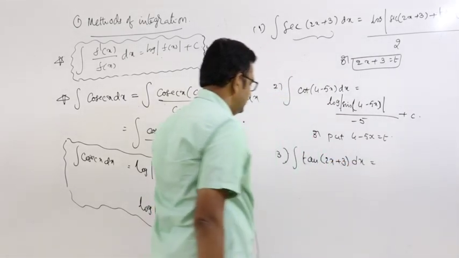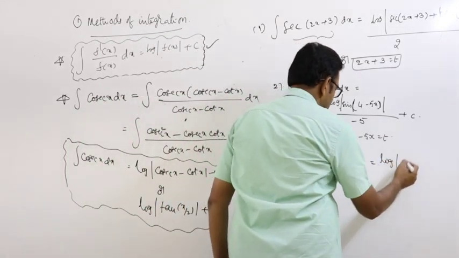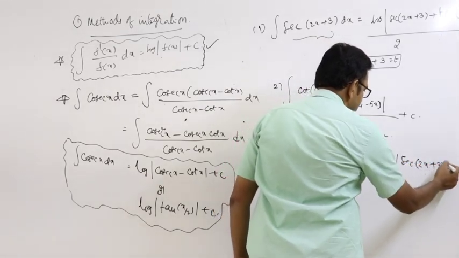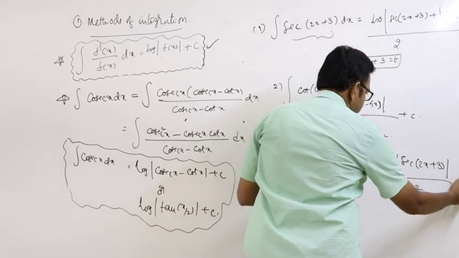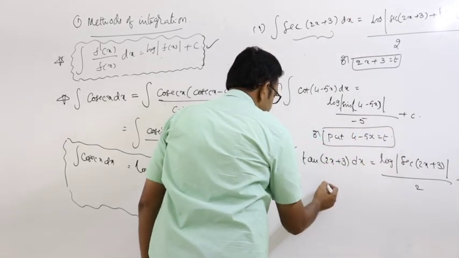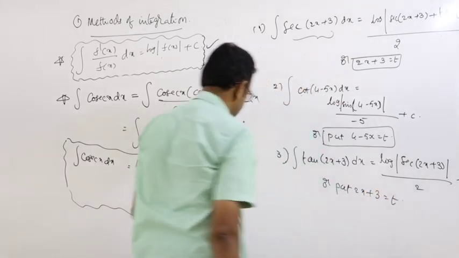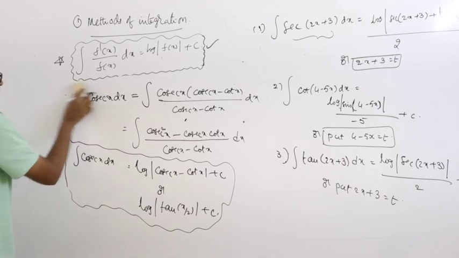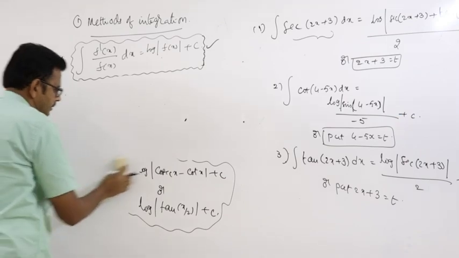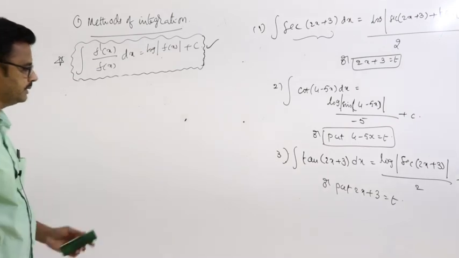The integral of tan x is log mod secant x. So this is log of mod secant of 2x plus 3 by derivative 2 plus c, or put 2x plus 3 is equal to t.